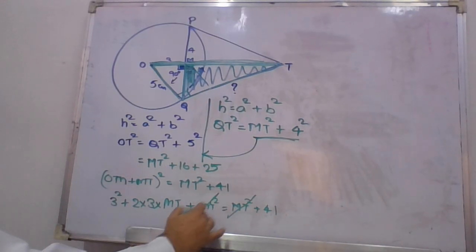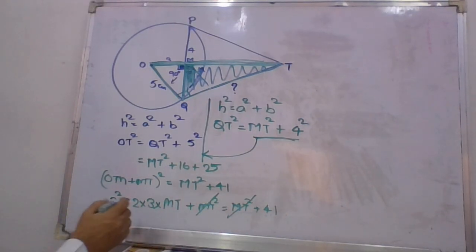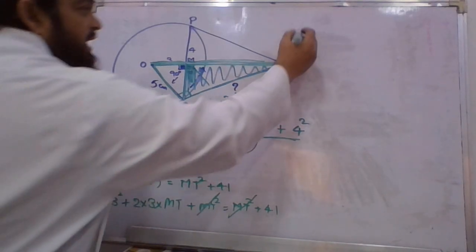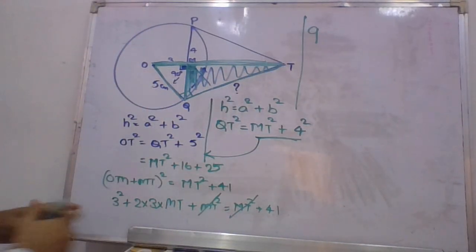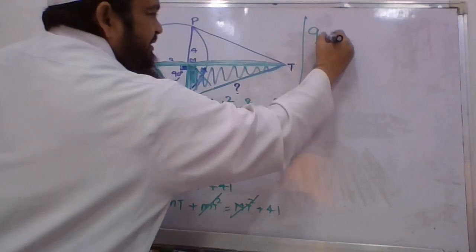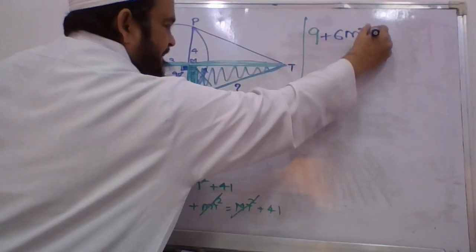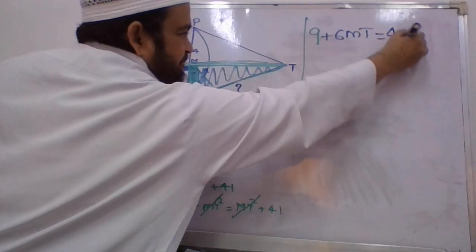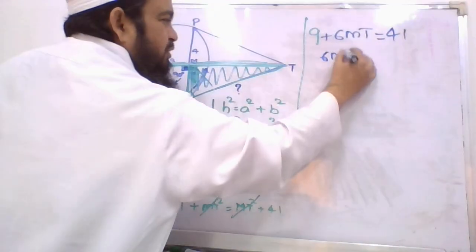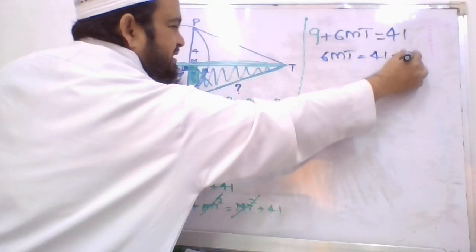So MT square and MT square get cancelled. So what is left out? 3 square is 9. 9 plus 6 MT is equal to 41. So 6 MT is equal to 41 minus 9.